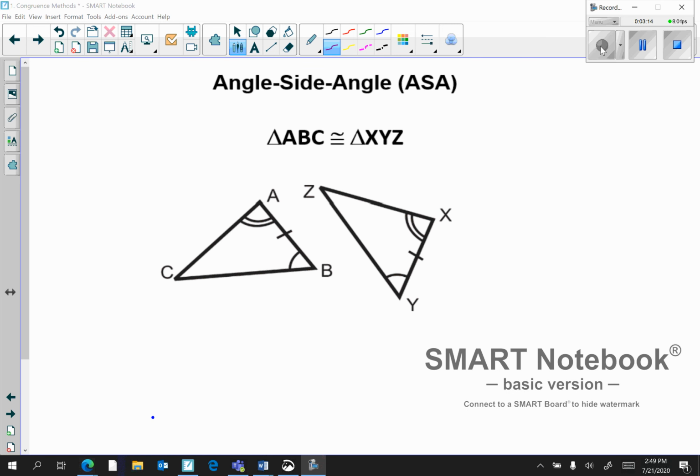The next method we have is angle side angle, ASA. So the two triangles, ABC and XYZ, are congruent by angle side angle. Notice I have the side in between the two pairs of angles that are congruent. So again, let's line up the letters.